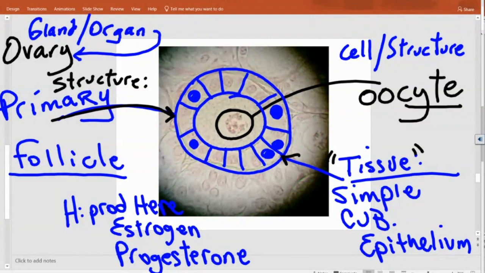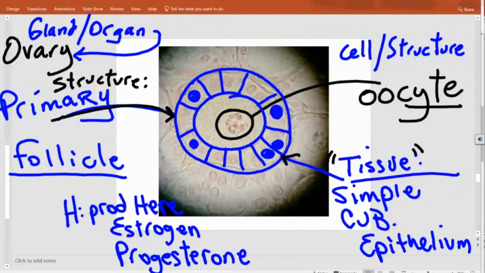How do we describe the shape of these little square cells? As cuboidal cells, right? Yes, 1 layer, you got it, simple, but they're cuboidal, that's their shape. So when I show you the next slide, we're going to see a follicle that the cells are basically only as thick as that inside line right there. They're going to be that small. What would a flat cell be called?